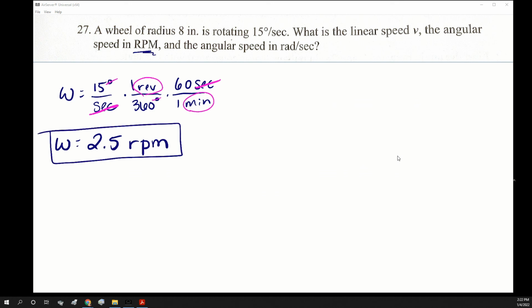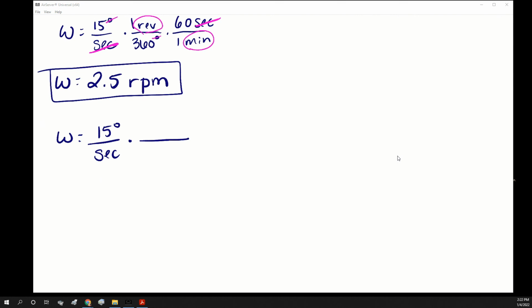All right, 27 also wants us to find omega in radians per second. Okay, so I already have per second, so that's good. I don't have to change anything for that. But I want to change degrees to radians. And so degrees is in the numerator, so I'll cancel it. I'm going to put the degrees in the denominator. And changing degrees to radians, we've done every day, actually. You multiply by pi over 180, and that is going to cancel the degree.